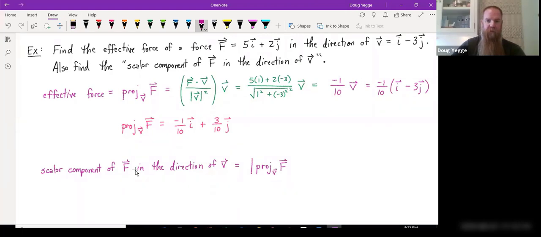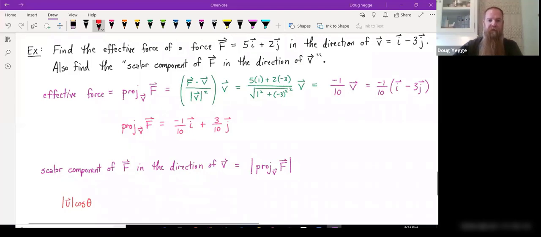Now we have a couple of different formulas. We have actually lots of different formulas. One way we could do it is just find the magnitude of what I just found. That's one way. Another way is to actually find the magnitude by using one of our two formulas. So keep in mind we had two formulas here. We had one formula that said we could find it by saying the magnitude of u times cosine theta. There's an issue with that though, because that would mean that I would need to have an angle between them.